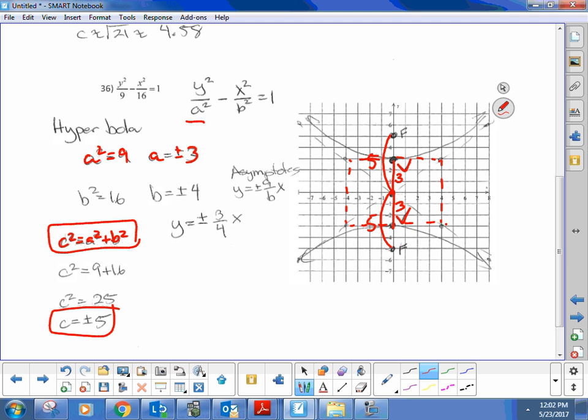Because with these, you have these asymptotes, and in this case, this asymptote will produce 3 over 4 x. So from the center, I went up 3 over 4, point there, up 3 over 4, point there. And the same thing over here, up 3 over 4, and all the sides, and then I draw my actual asymptote, as you see there. So if you want to rewind the video and see with all these marks, you could feel free to do that. All right, let's move on and look at the next one.